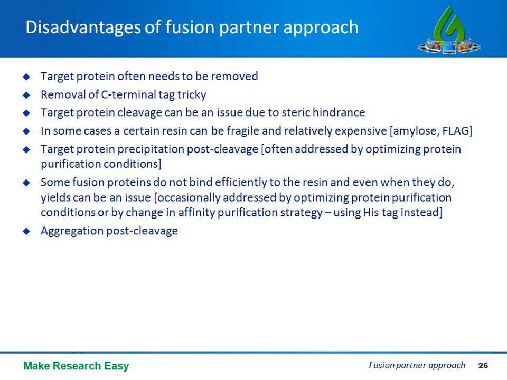This can also be occasionally addressed by optimizing the protein purification conditions or by changing your affinity purification strategy overall. And on other occasions, your fusion partner will start sticking to your target protein after you cleave them. So that's another problem.